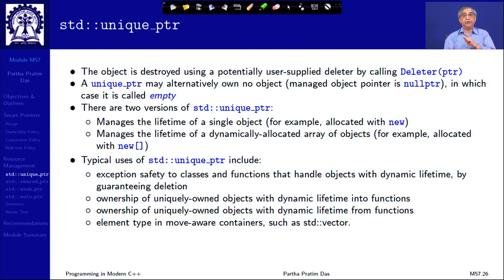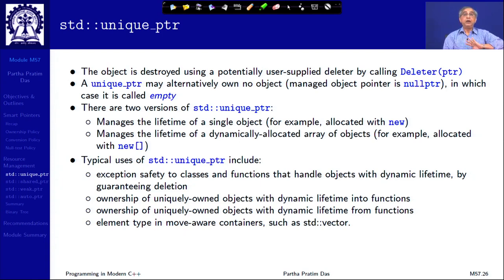One special thing about unique pointer is that it can also be created to a dynamically allocated array of objects. So, it can be to a single object or a dynamically created array of objects. It has complete exception safety, and all the kinds of assignment and copy problems, exception path problems we had talked of, will get solved by the use of unique pointer.